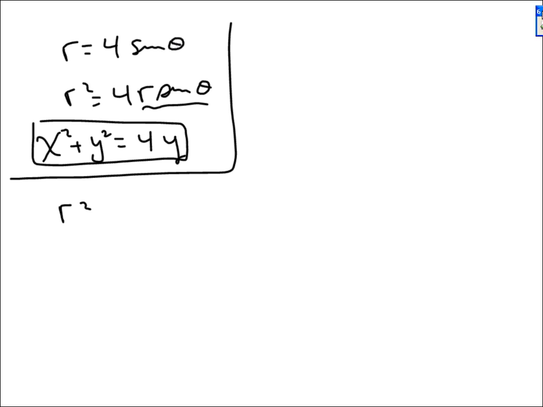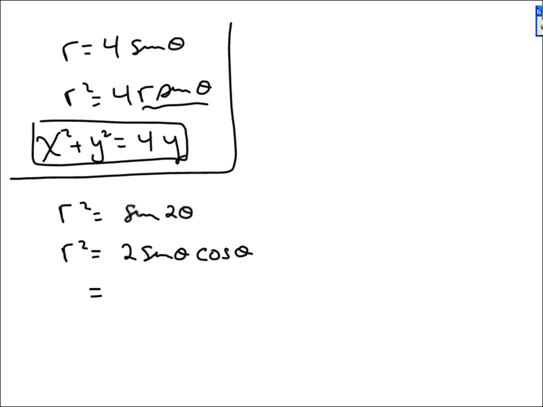Yeah, r squared is equal to sine of 2 theta. Okay, what you have to do is be slick. r squared is equal to, now sine 2 theta is 2 sine theta cosine theta.